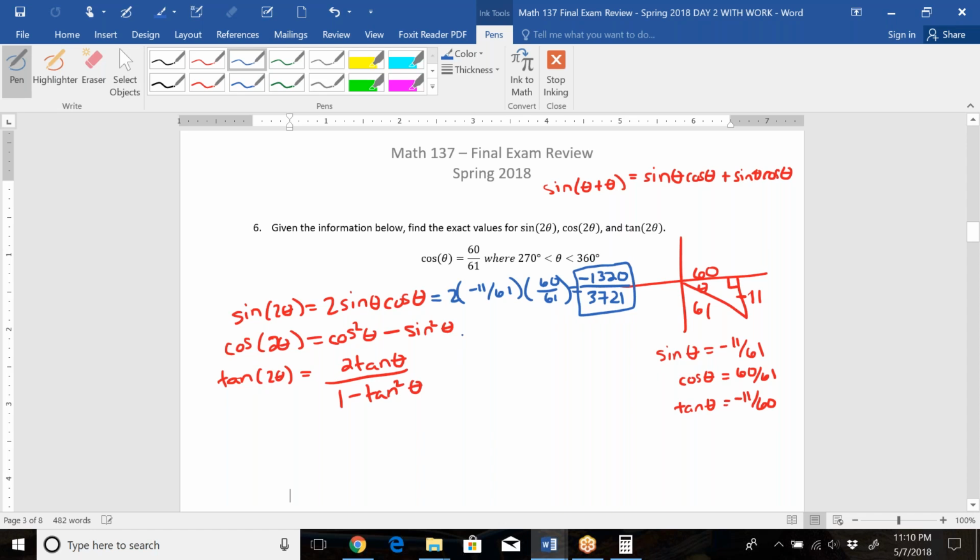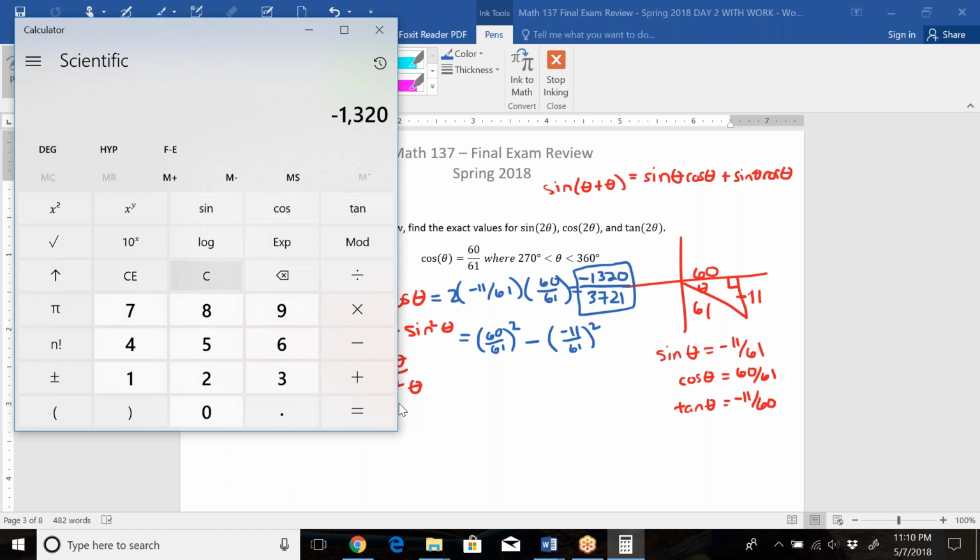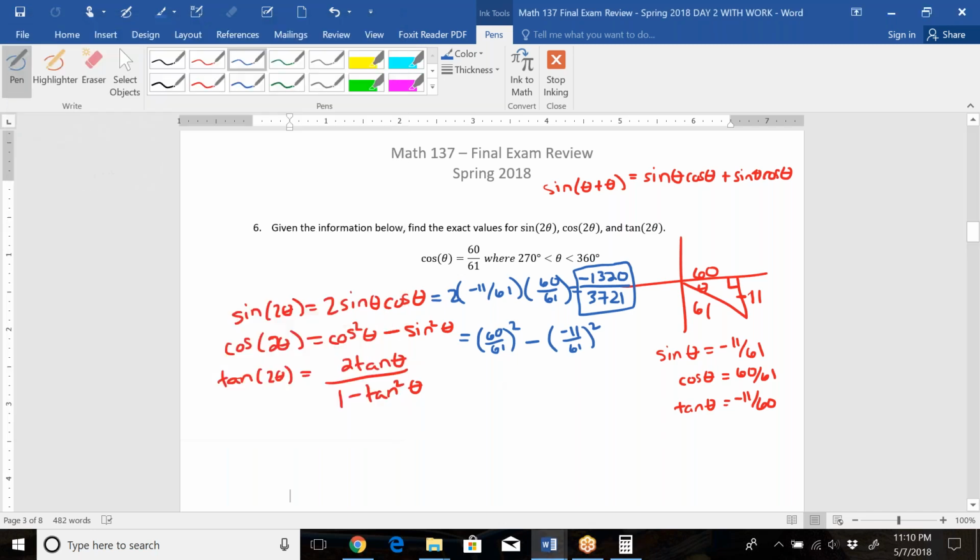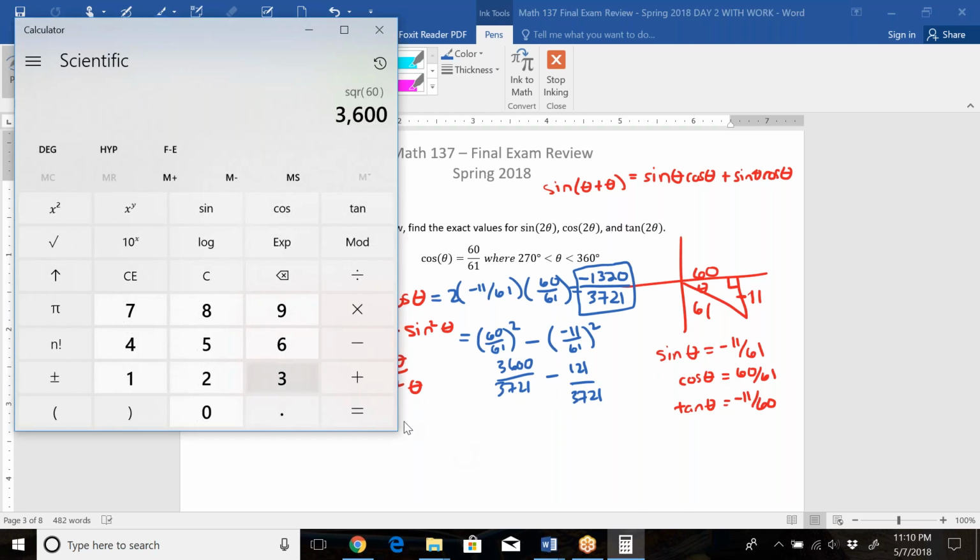For the next one, we have cosine squared, so that's going to be 60 over 61 squared minus sine squared. Realize that if you square that, that negative on the inside is going to go away. So 60 squared is 3,600 over 3,721 minus 121, because this is going to square to a positive, but there's still a negative in the middle, over 3,721.